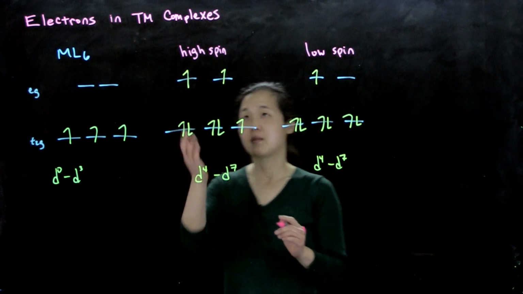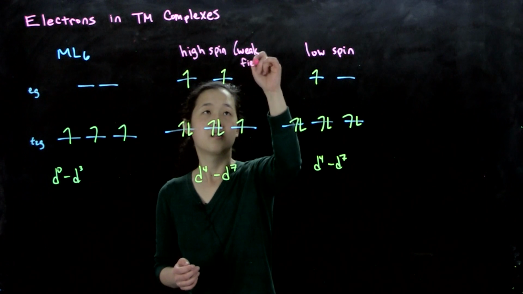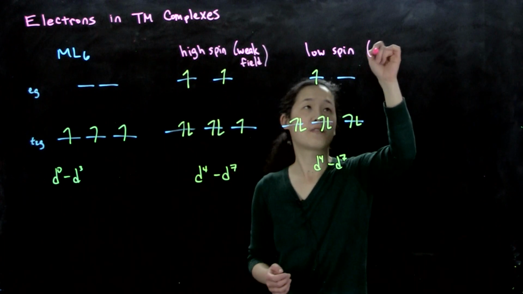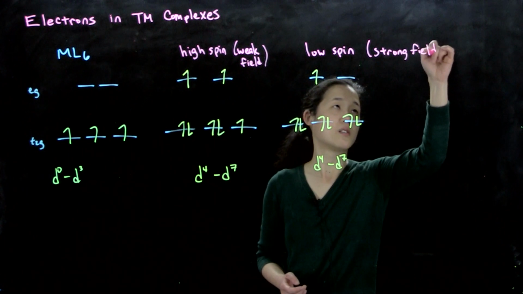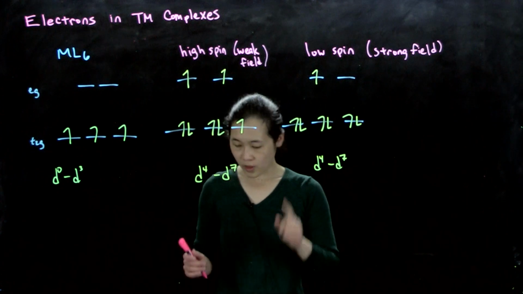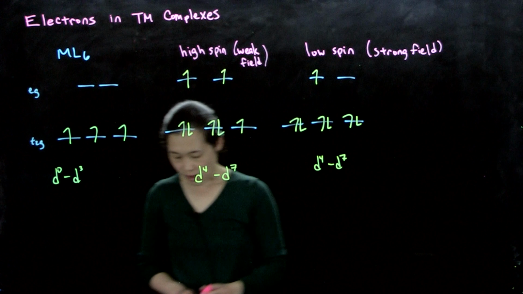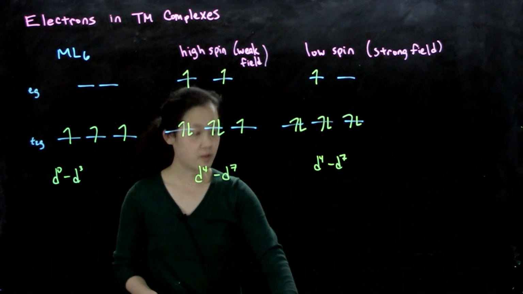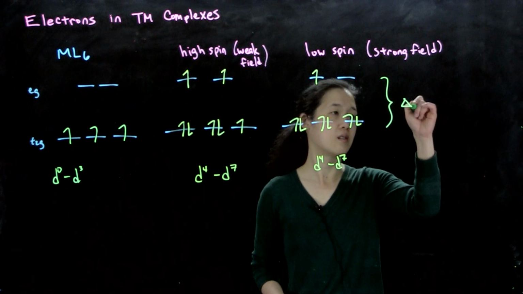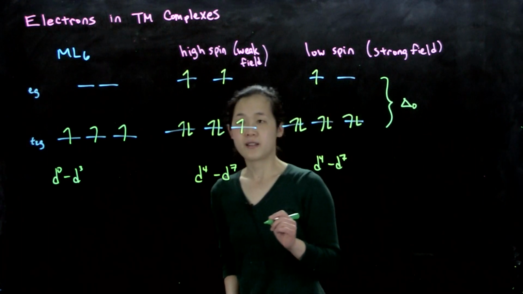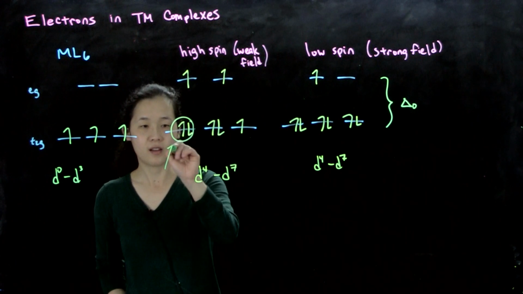Alternatively, you might also see them called weak field and strong field, for reasons I'll get into. What dictates whether this happens has to do with our delta O. Remember this is delta O. But also, if we start putting 2 electrons in the same orbital, we have pairing energy.